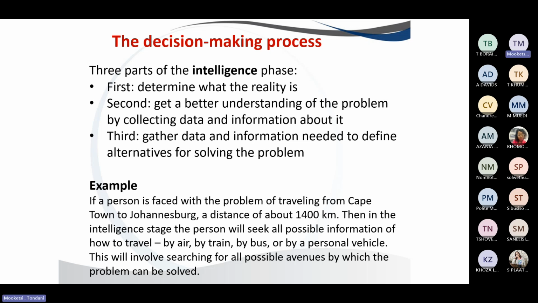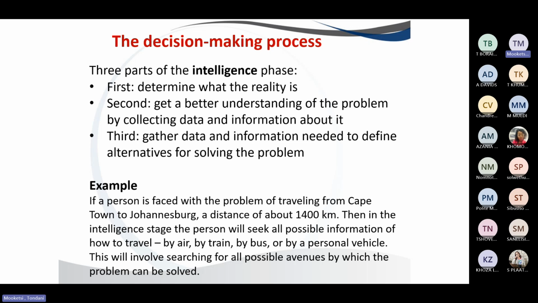Or the cheapest option could be to travel by train, but you have to take into account the time that it will take you to get there. So maybe you are traveling there for an appointment that you cannot miss on a certain day.